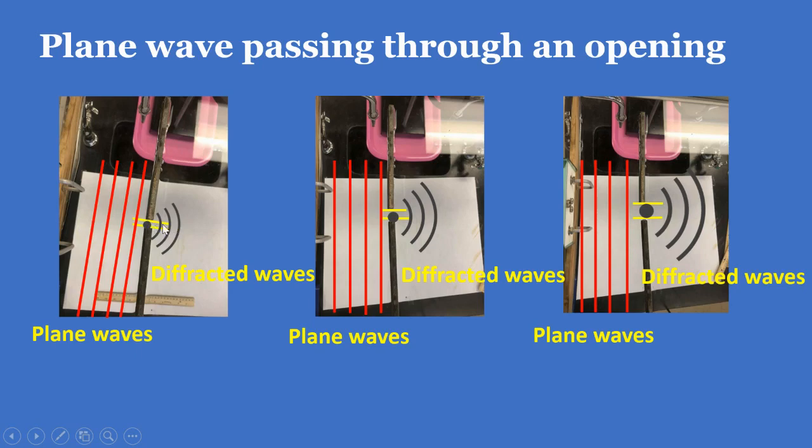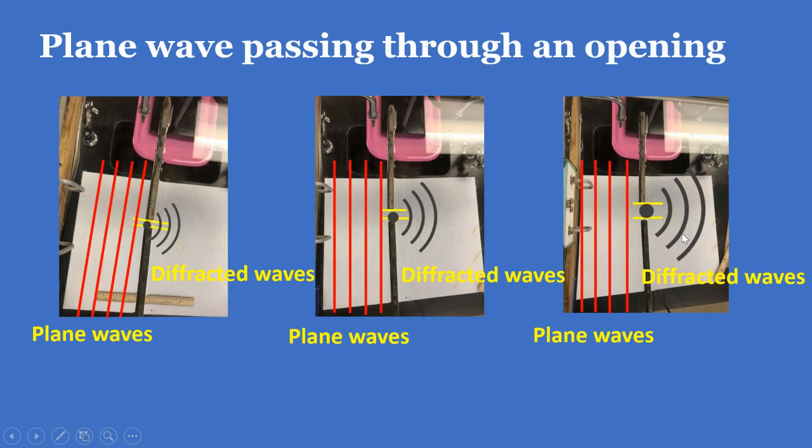So here we have three gaps with three different sizes actually: very small, medium, large. And what we observed, I don't have the picture of the wave, but what happened here is the diffraction is more noticeable when the gap is smaller than the larger one.